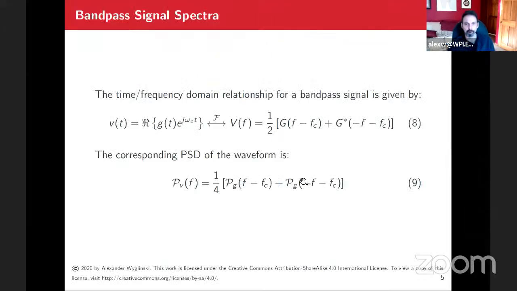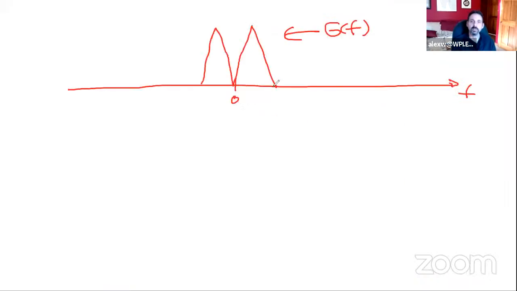Here, G of F. So that's the frequency response of the mapping function, right? And so we also have a power spectral density associated with it. So this here is P, G of F.